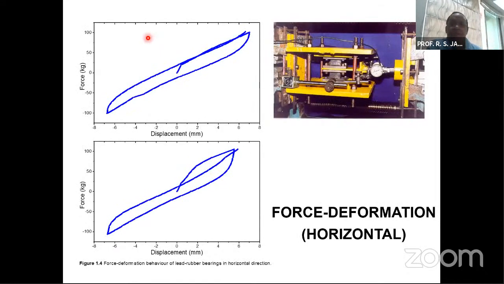This slide shows the force deformation behavior of the lead rubber bearing in the horizontal direction, and one can see that it is hysteretic in nature, and this hysteresis is coming because of the presence of the lead in the bearing. Because of this hysteretic behavior, additional hysteretic damping is added to the system, which dissipates the seismic energy.